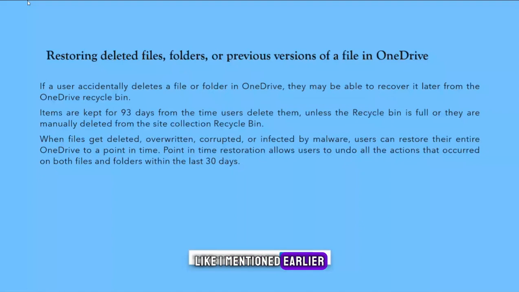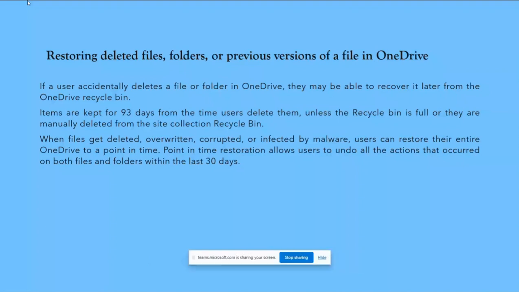Like I mentioned earlier, whenever you have files that are missing in your OneDrive, you can easily get them back with something called the point in time restoration. Let's say, for example, yesterday you saw a file in your OneDrive, but today you couldn't find that file, and you check the recycle bin, you check the second stage of recycle bin, and you couldn't find it.